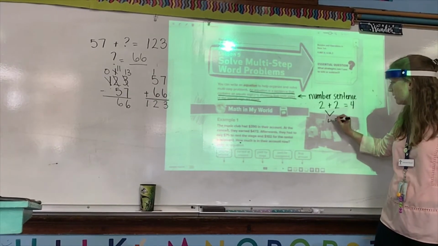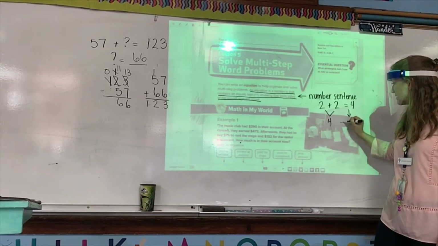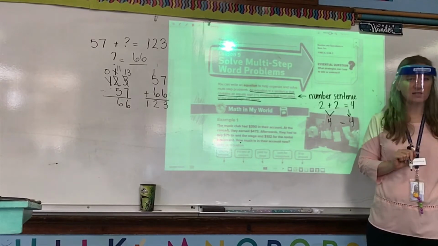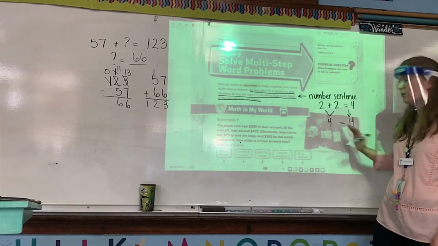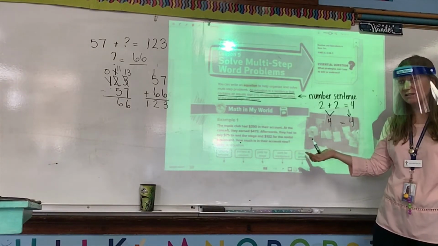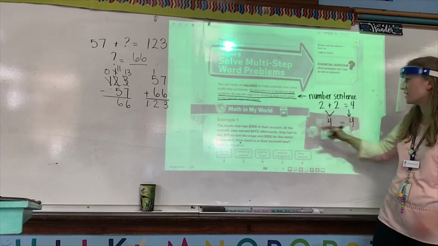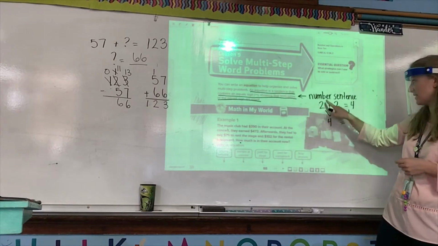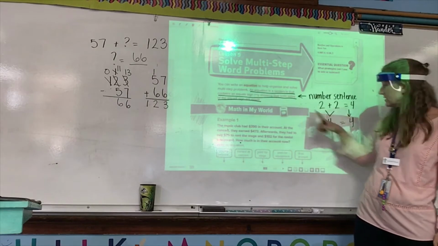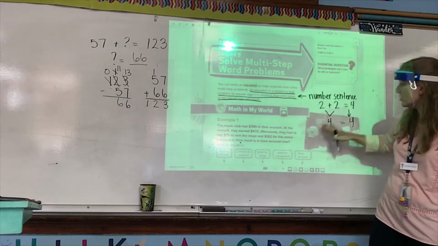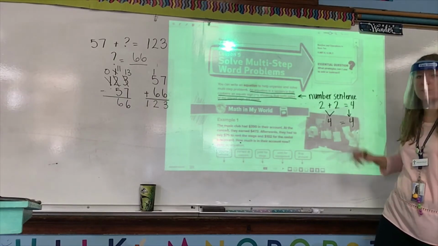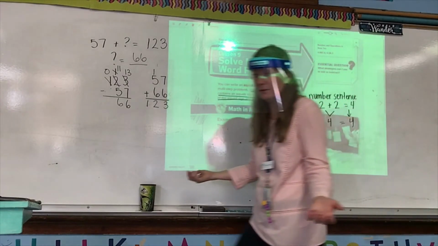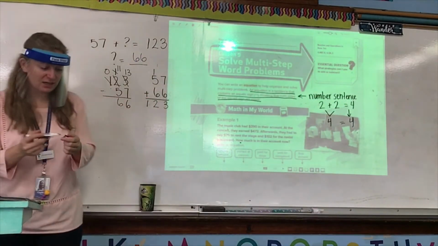Then if I bring down what's left, is this true? Does 4 equal 4? Yes. So that's an equation. An equation is a number sentence that contains an equal sign that shows that both sides of the equal sign are equal. And that's what we're going to be working on today.